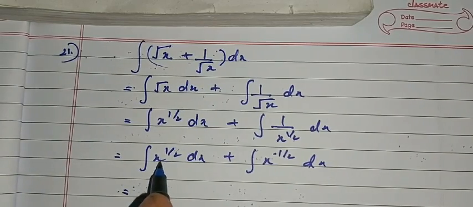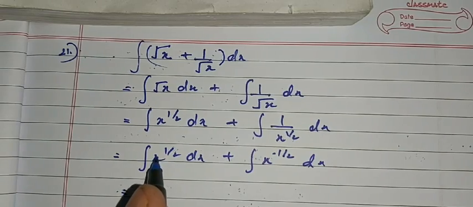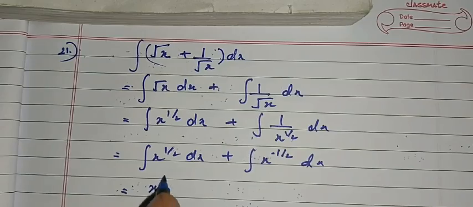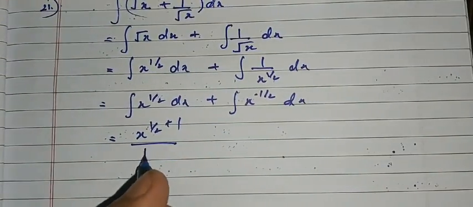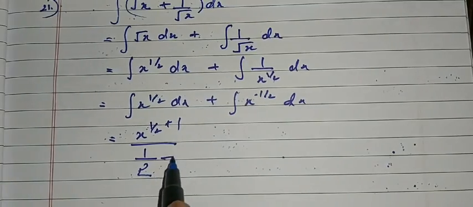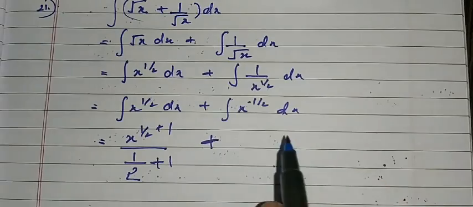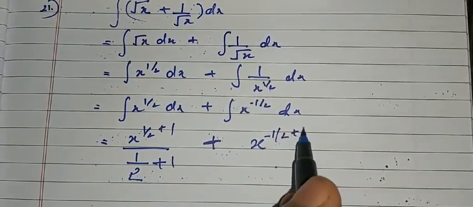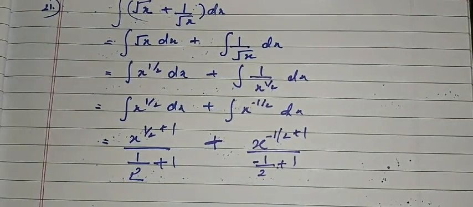So here x raised to 1 by 2, when we take the integral, we add 1 to the power and divide by the new power. So x raised to 1 by 2 plus 1 over 1 by 2 plus 1, plus here also x raised to minus 1 by 2 plus 1 over minus 1 by 2 plus 1.